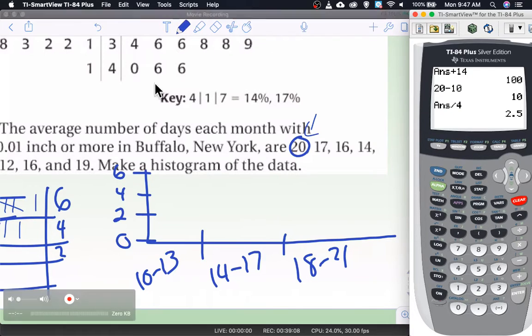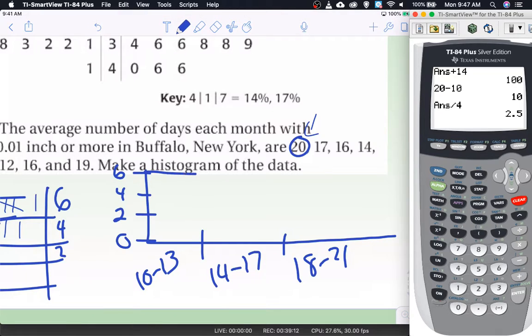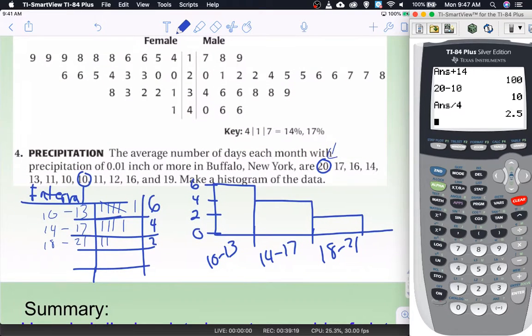And this actually works out because each of these was multiples of 2. So we got 6 for the first one, 4 for the second one, and 2 for the last one. Boom. There's my histogram.